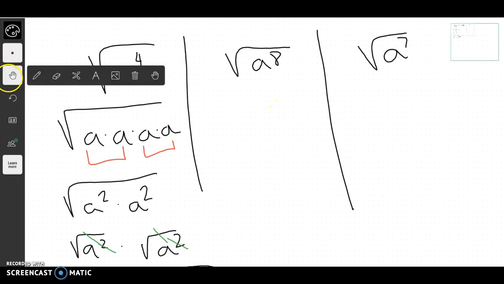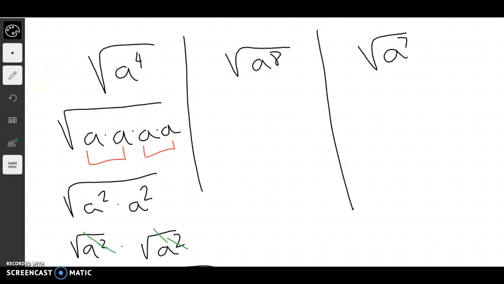Let's look at a to the 7th, or a to the 8th. When I do a to the 8th, it's a similar process where I would have 8 a's. Well, I'm not going to write 8 a's. I'm just going to write the 4 squares that make this up. So I have a squared times a squared times a squared times a squared.